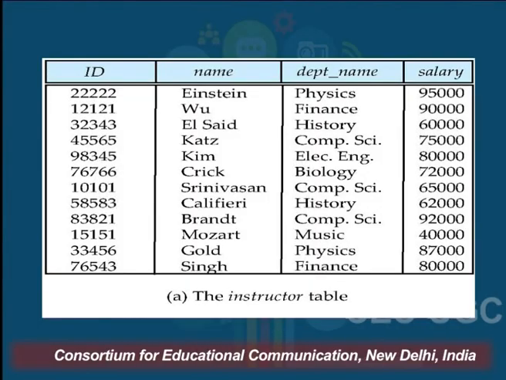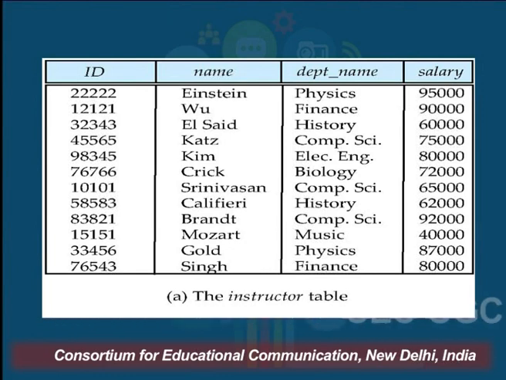So, let us try to understand all these concepts with the help of an example which is available on the screen. Here we have an instructor table. As you can see, it is in the form of columns and rows. It has 4 columns: one is ID, another is name, third is department name, and fourth is salary.